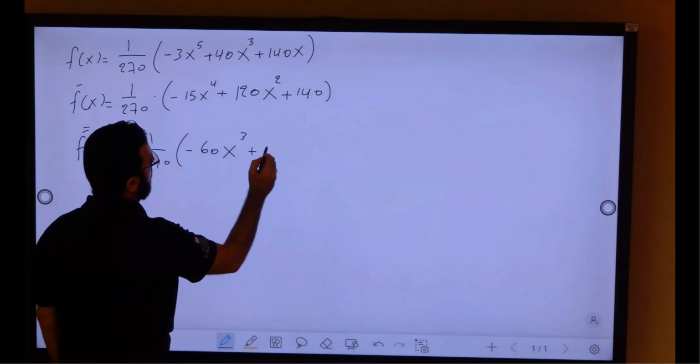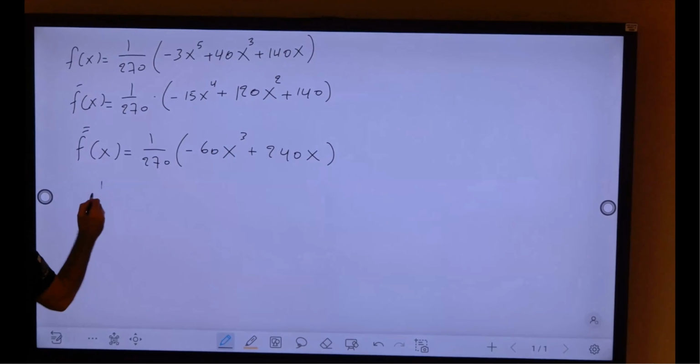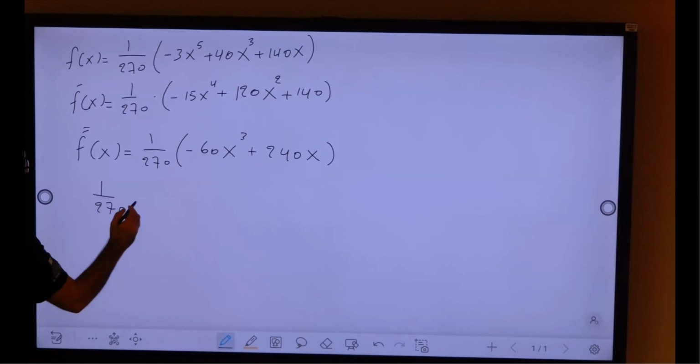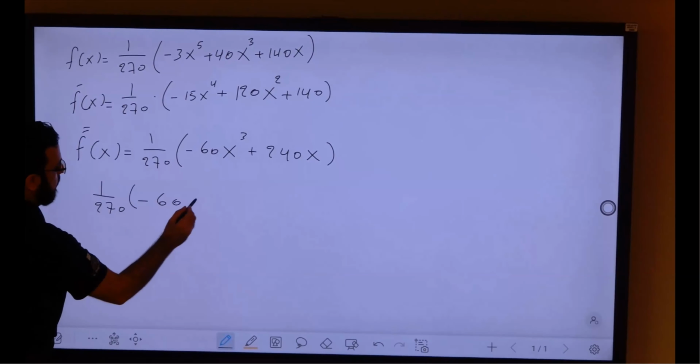Now I'm going to put the second derivative equal to 0. Can I factor out 1 over 270, negative 60x cubed plus 240x equals 0? Yes or no?